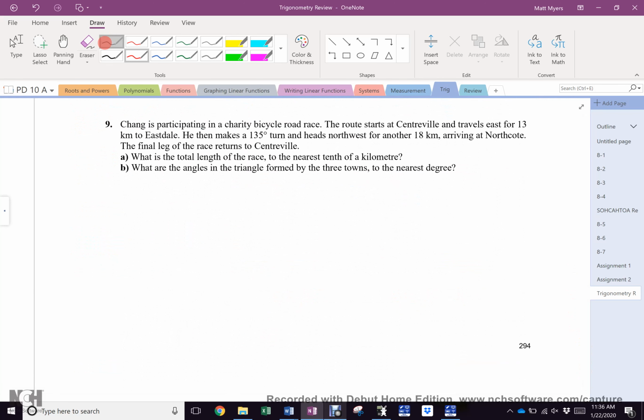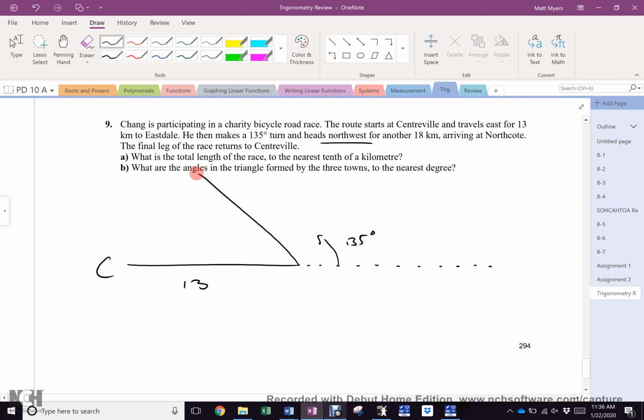And the last question before the bell rings. Start at Centerville. I go east for 13. I make a 135-degree turn. Well, that means I go this way 135 degrees till I am heading northwest, which is up there, which makes that 45. There is Northcote, and I go back here.